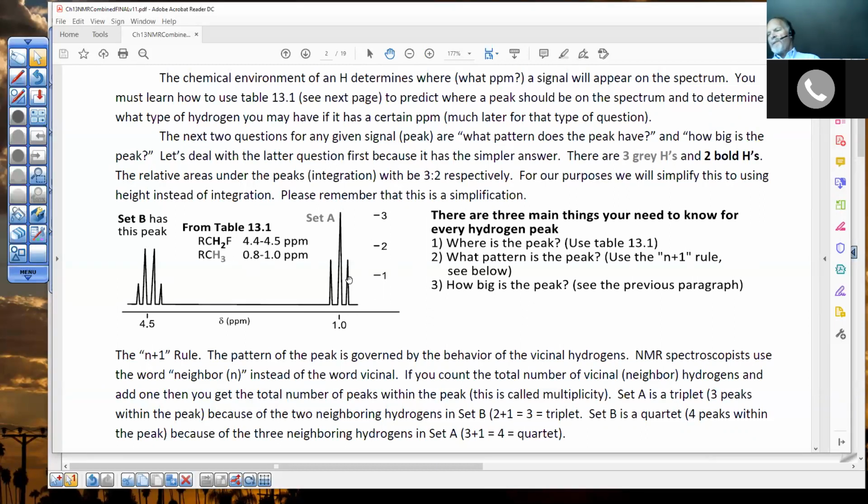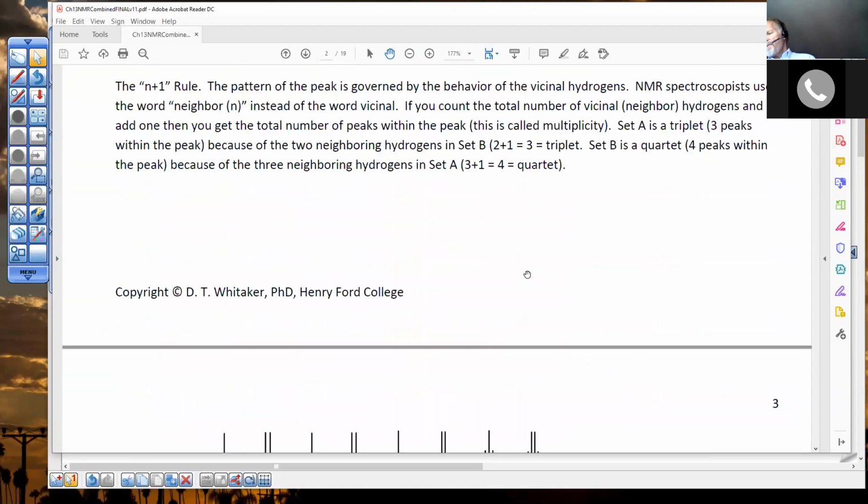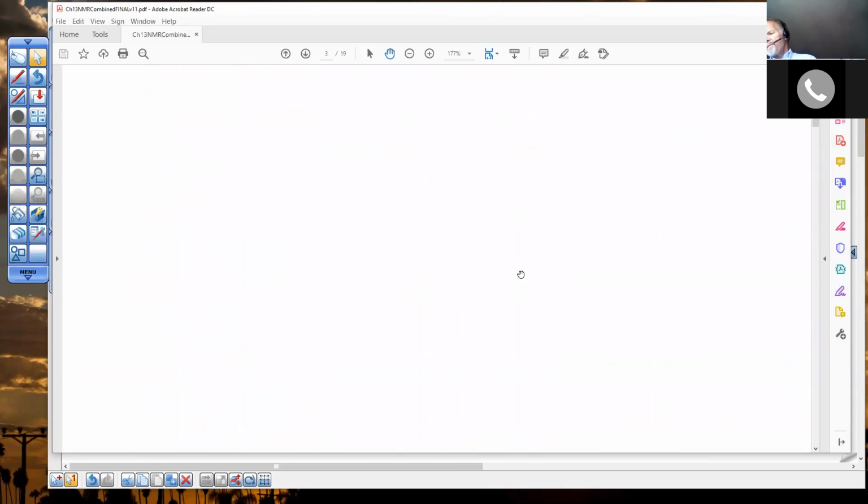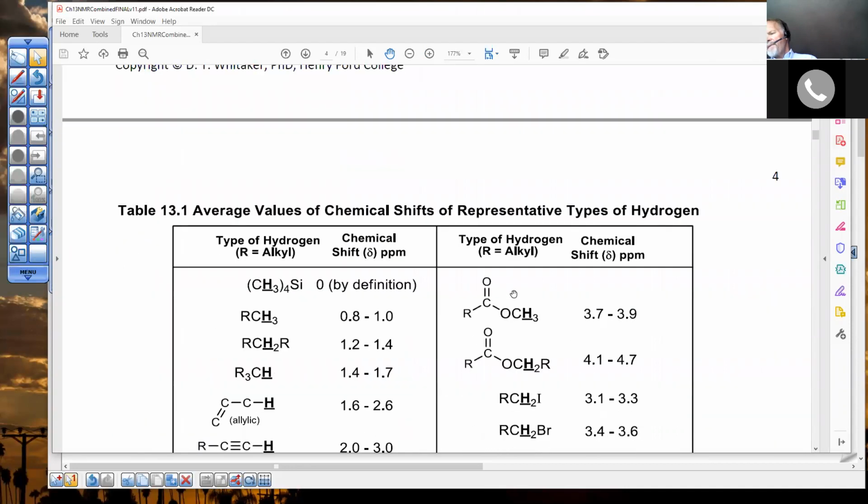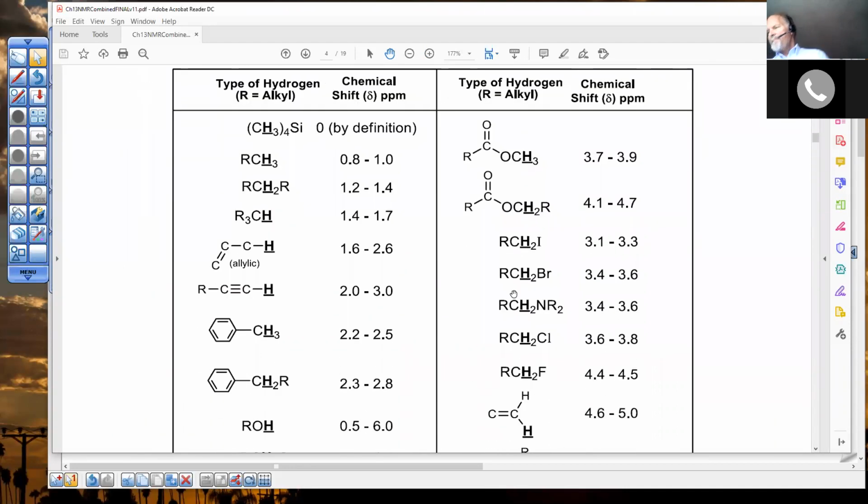Let's just focus on where is the peak. We can predict that from table 13.1, which if you zip around a little bit, there's table 13.1. And you'll see a normal methyl has a peak somewhere near 1.